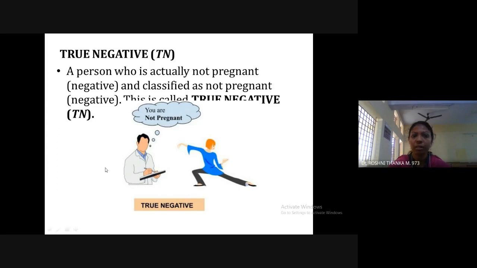A person who is actually not pregnant is classified as not pregnant. The result is negative, but it is true. So that is what true negative is.